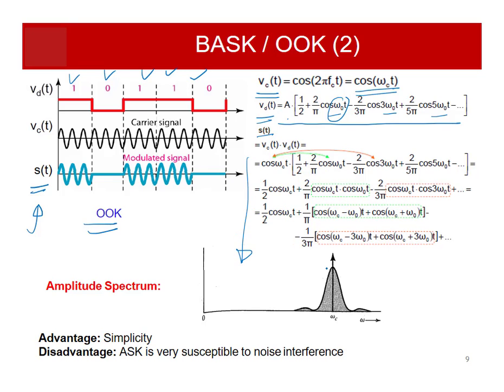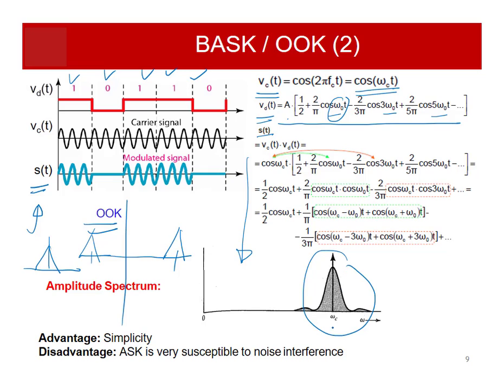This is the amplitude spectrum. We all know that in the DSB-SC method, if the spectrum of the signal is something like this, this spectrum is shifted to the positive carrier frequency and the negative carrier frequency. You already know that.